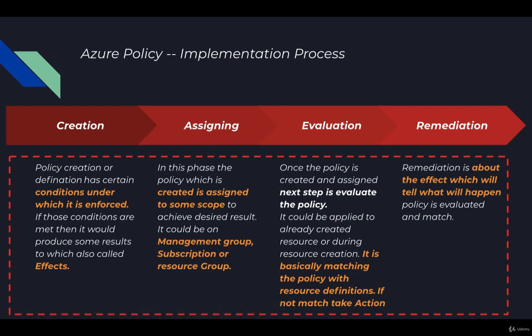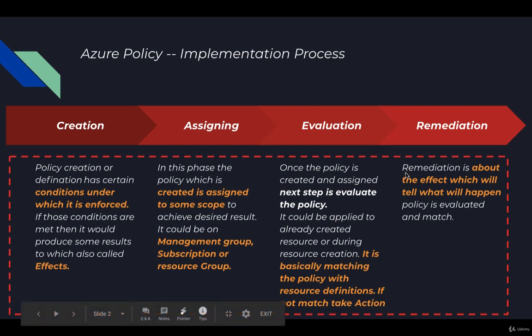If the policy says that a VM with a certain RAM should be provisioned, then it will evaluate whether the VM provisioned in a particular resource group has that configuration or not. That evaluation is done in this particular phase. And if it does not match, then take the action.